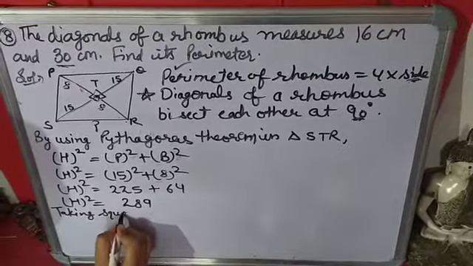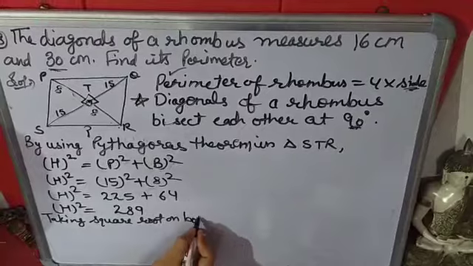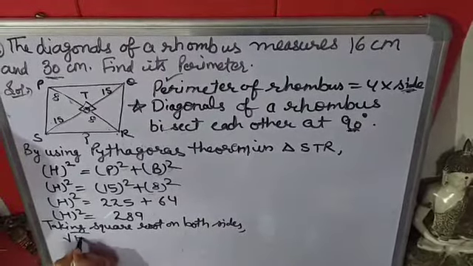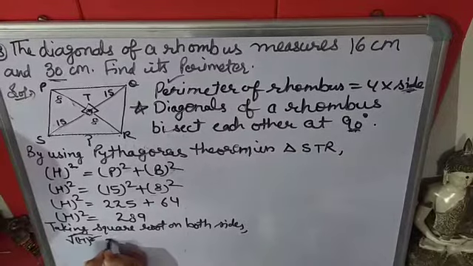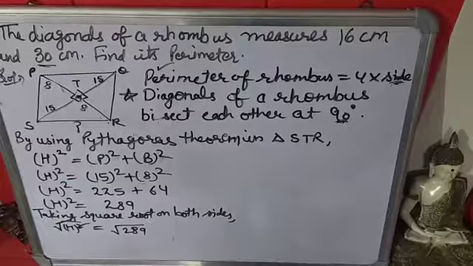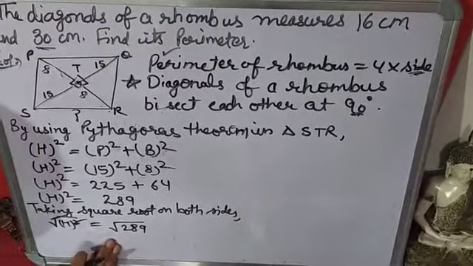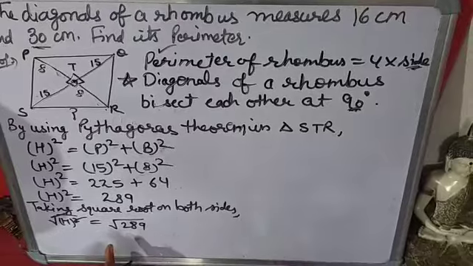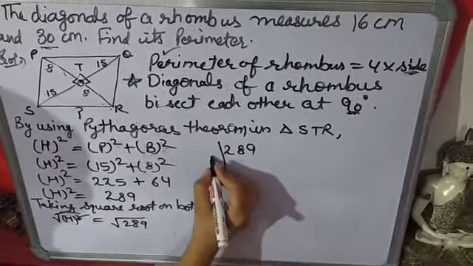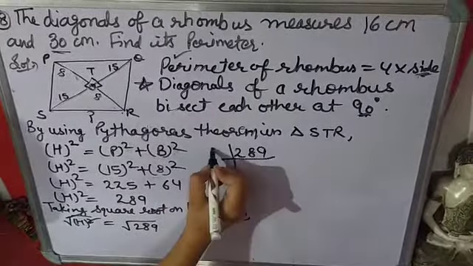Now taking square root on both sides. So this square and square root will be cut. And what is the square root of 289? Okay, you can use here prime factorization method. I am telling you once more, prime factorization method. 289, so it will go on 17.